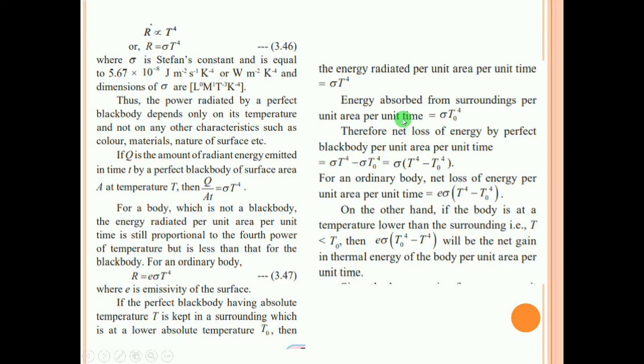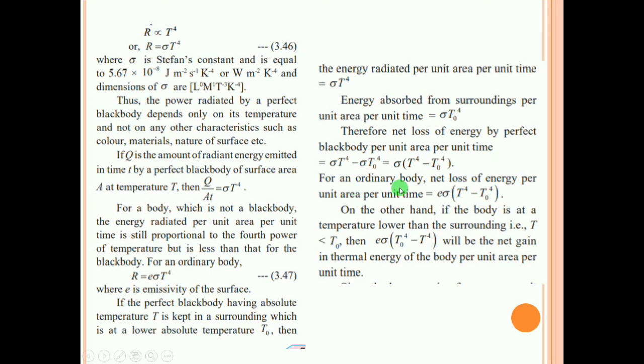In the case when we consider the temperature of the surrounding, for a perfectly black body, suppose we consider T0 as the temperature of the surrounding, this equation we will write as R is equal to sigma into T raised to 4 minus T0 raised to 4. T0 is the temperature of the surrounding, T is the temperature of the black body.